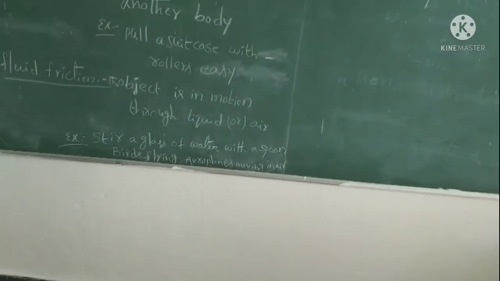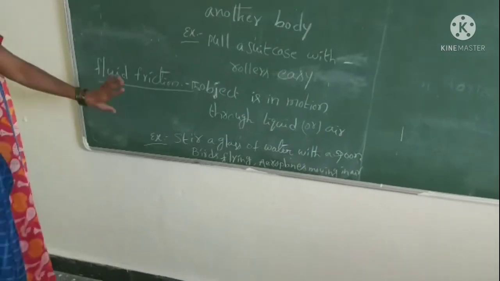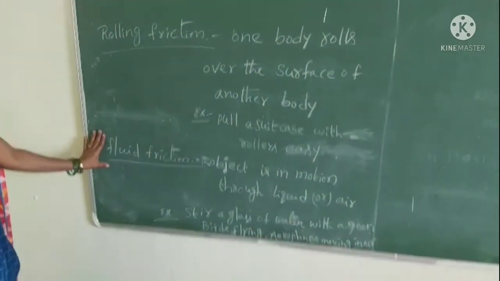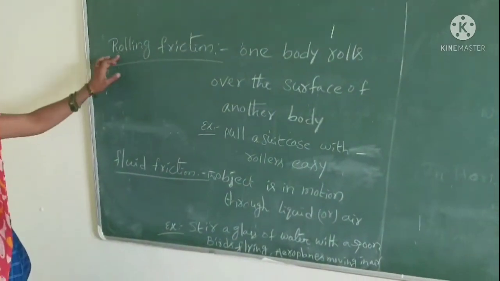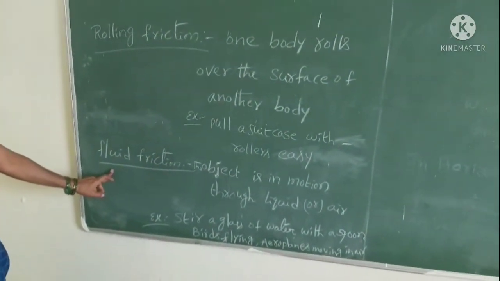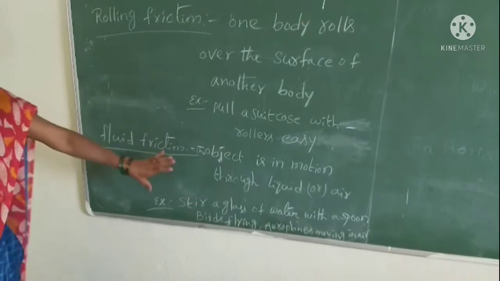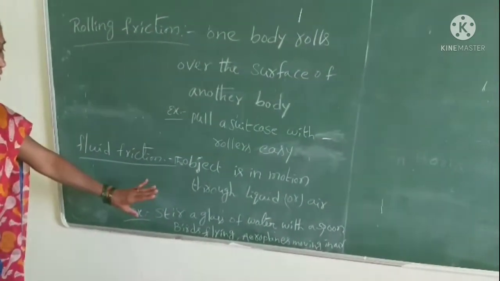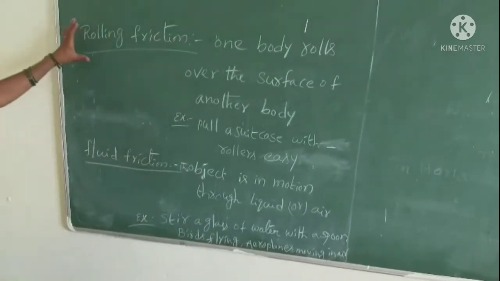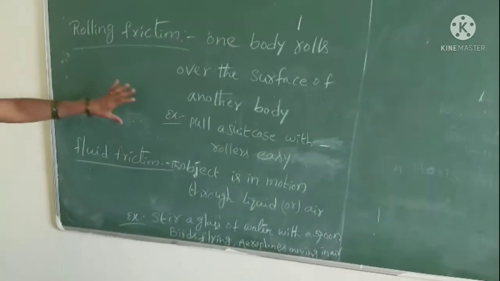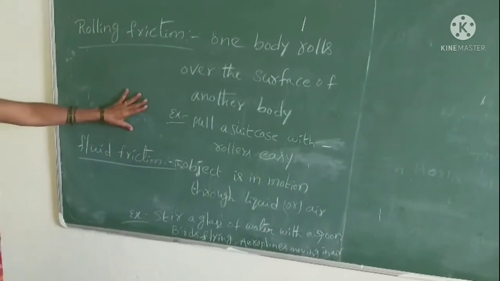These are examples of fluid friction. Children, the difference between rolling friction and fluid friction: fluid friction is in liquids and air, while rolling friction depends upon the surface.